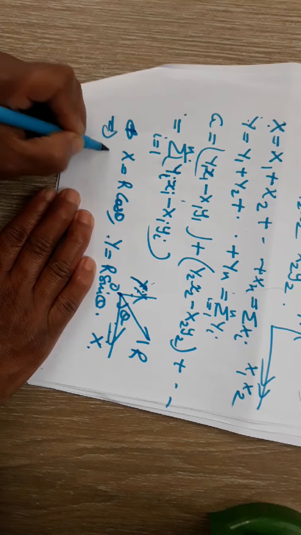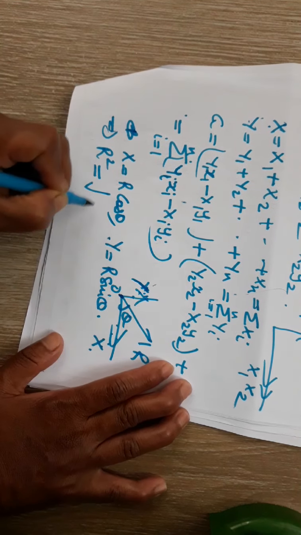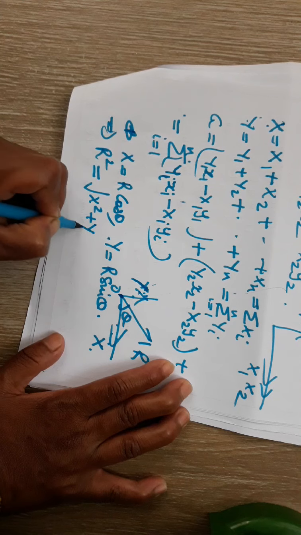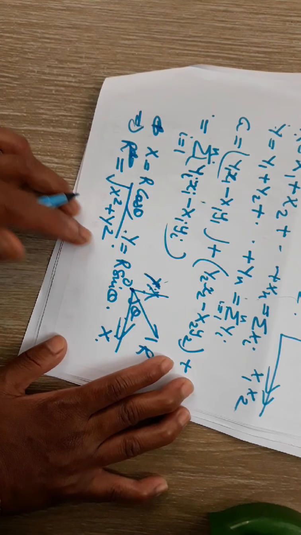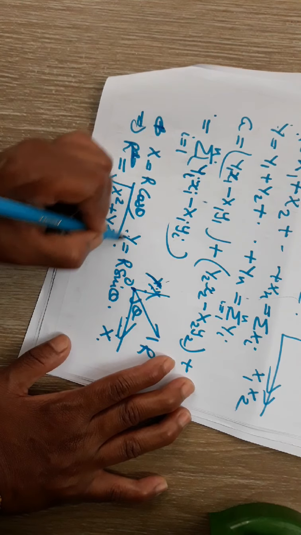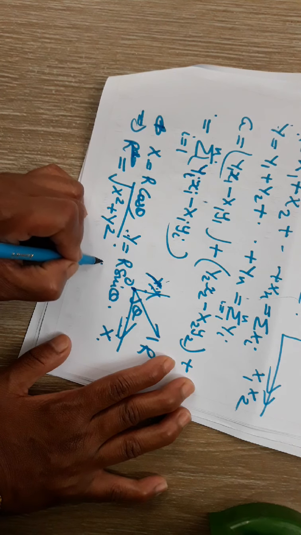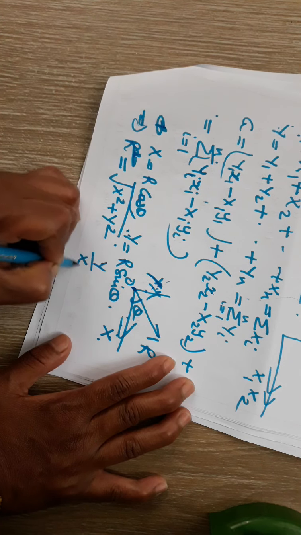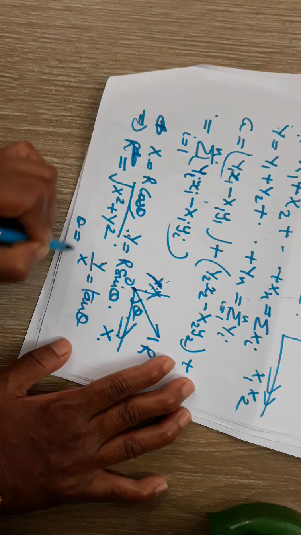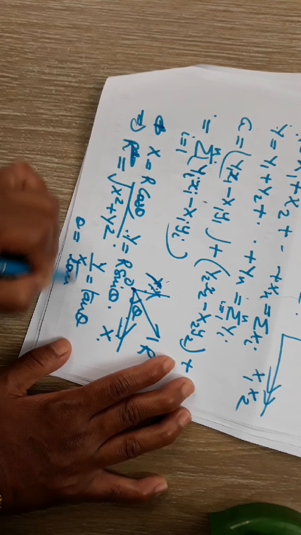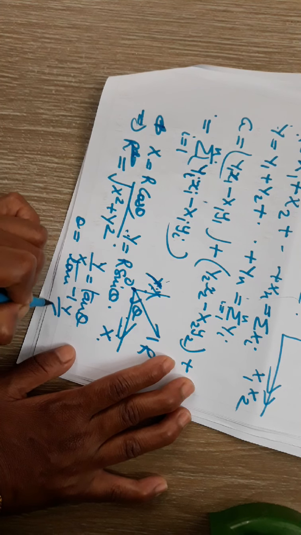This implies that R squared is x squared plus y squared, so R will be equal to the square root of x squared plus y squared. Dividing y by x gives tan theta, or theta is given as tan inverse of y by x.